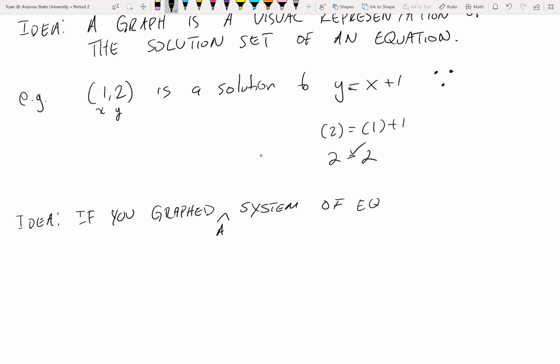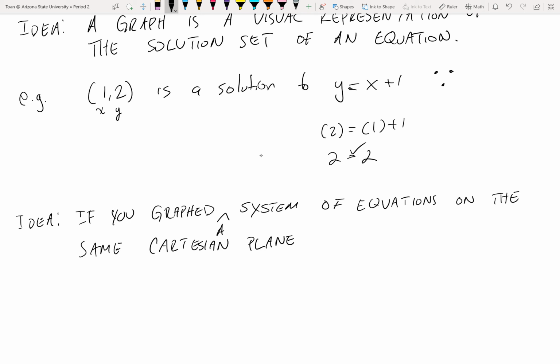Coordinate, how do you spell coordinate? C-O-O-R-D-I-N. Cartesian plane. Yeah, Cartesian, but not coordinate. On the same Cartesian, I can't spell coordinate, but I can spell Cartesian.